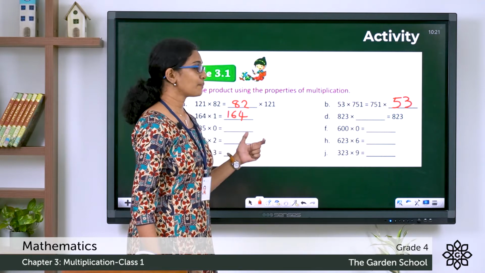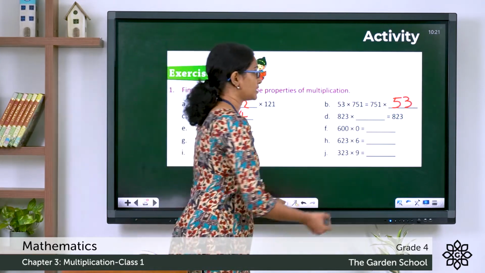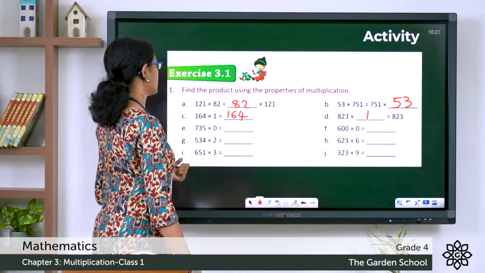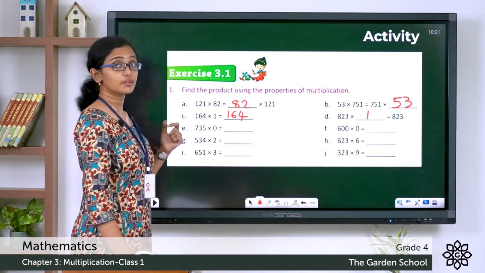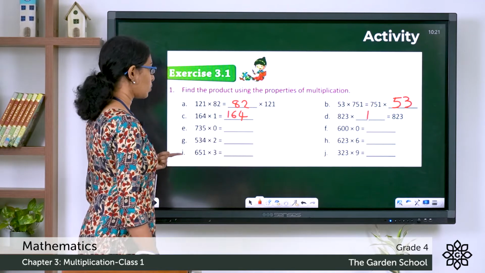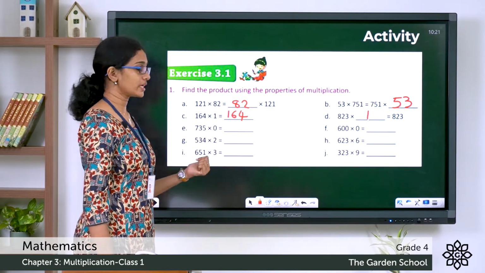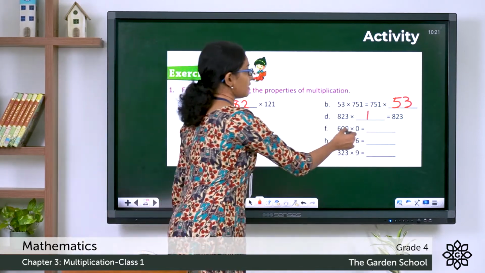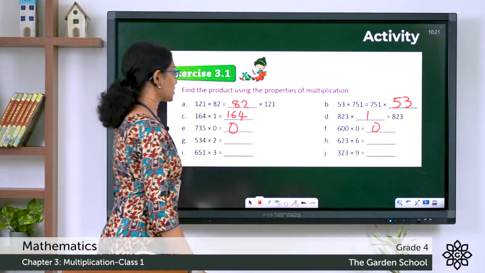To get the number itself as the product, you have to multiply with what? You have to multiply it with 1. Now, question E. From the property of 0, we know any number multiplied by 0 equals 0 itself. So here the answer is 0, and for F also the answer is 0.